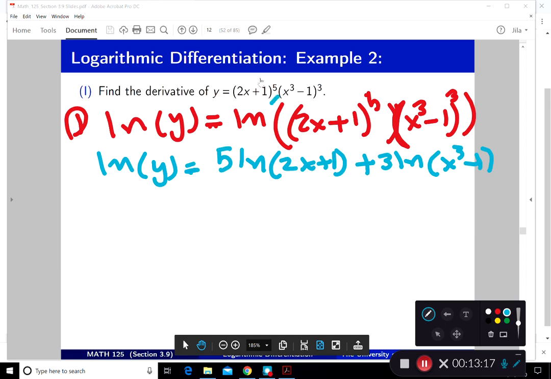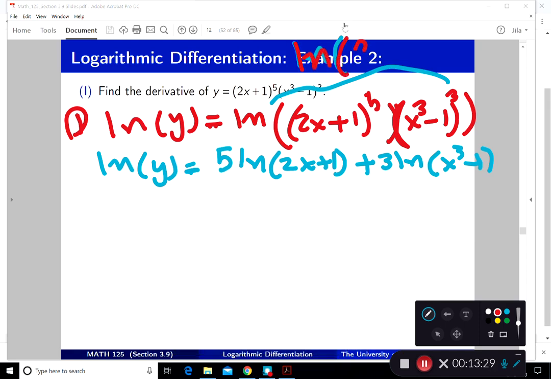See, over here I did a power law first. That was natural log of 2x plus 1 to the power 5 plus natural log of x to the 3 minus 1 to the power 3, and then I did an exponential law, and it worked like that.